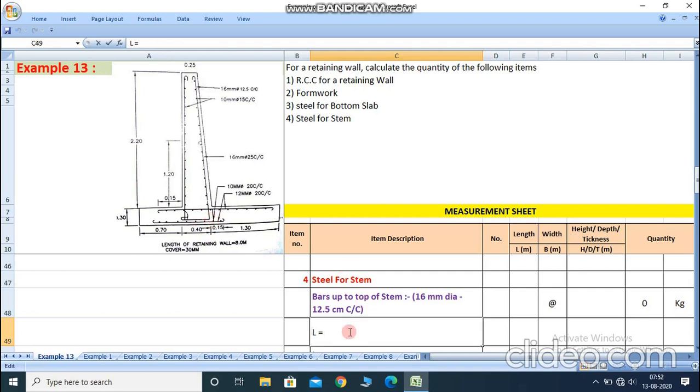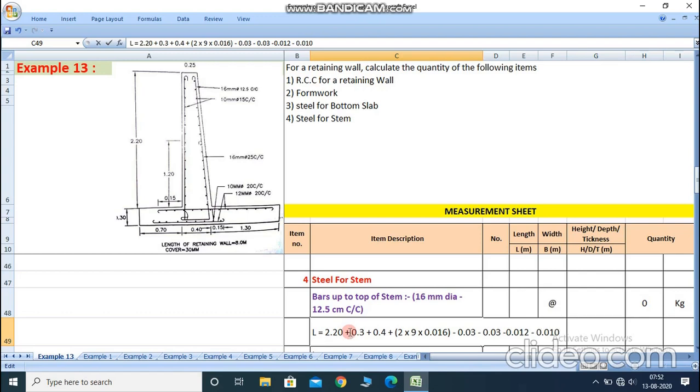So the total length is 2.20 plus 0.3 plus 0.4 plus 2 times 9 into diameter, 16 mm diameter, so 0.016, minus top cover 0.03, minus bottom cover 0.03, minus diameter of the bar, minus diameter of the horizontal bars.